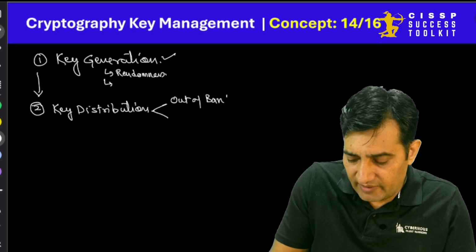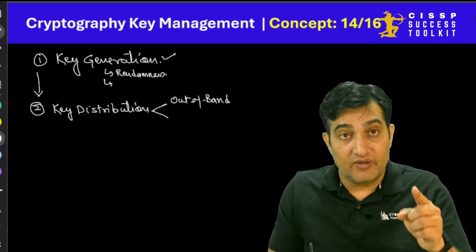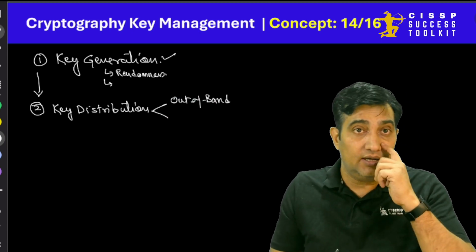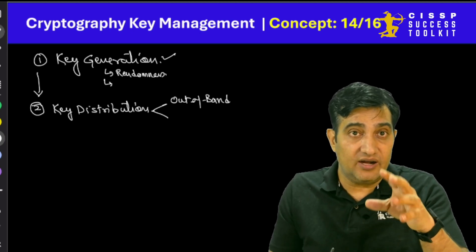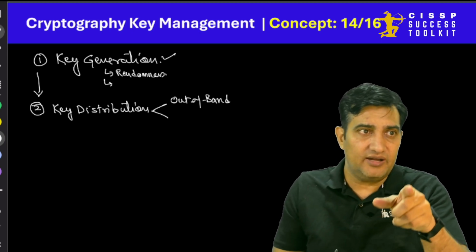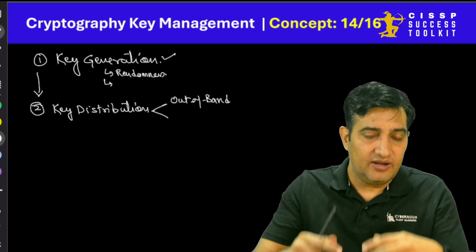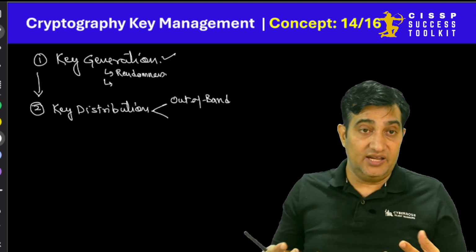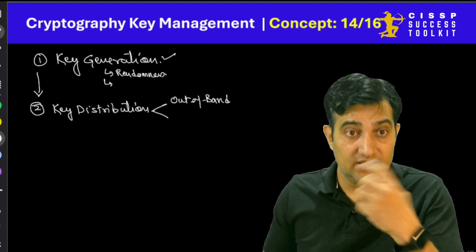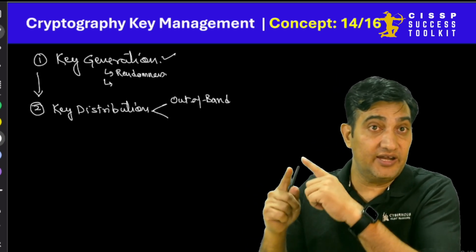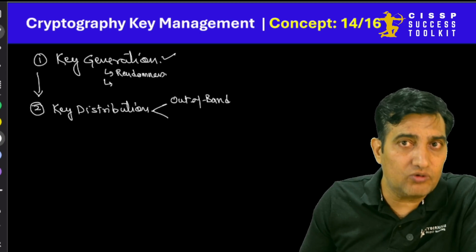What is the out of band mechanism? For example, when you order a debit card, they don't give you your debit card and the PIN in the same email. They send them by different mechanisms. Same way, when you distribute a key to somebody, do not give it with the product. Give it separately, in a different channel. That is called out of band.